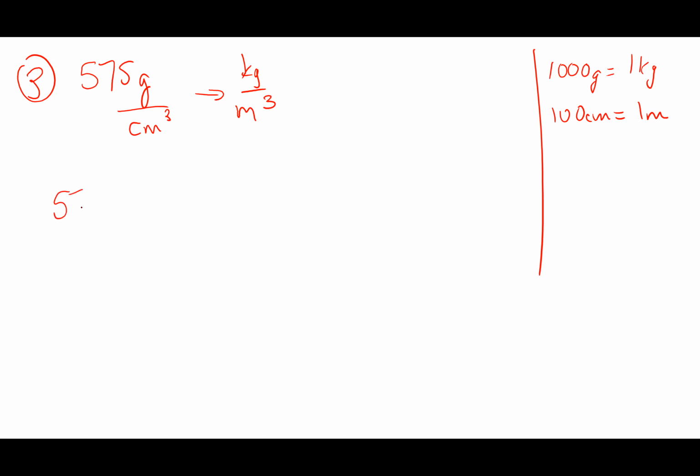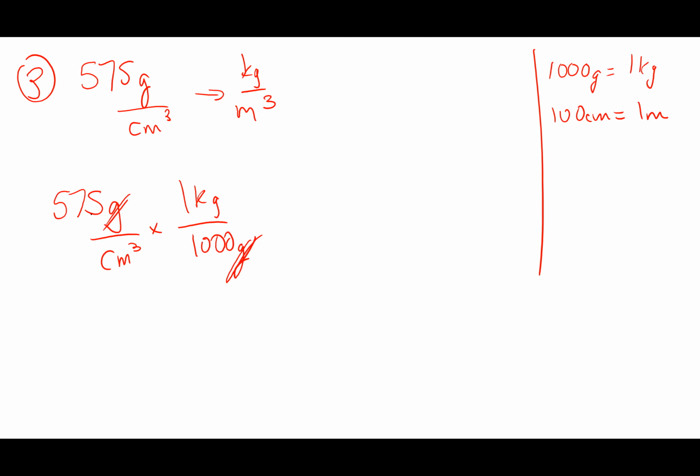So 575 grams, centimeters cubed. Step number 1, I'm going to multiply this by 1 kilogram is equal to 1,000 grams. And again, my grams will cancel. Perfect. You know, I said this in the last question. If this is on a test, you get a mark.